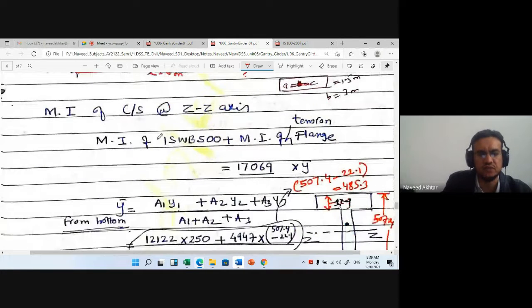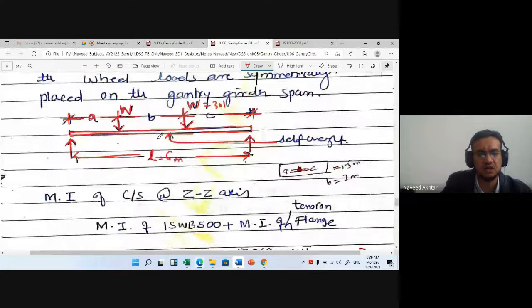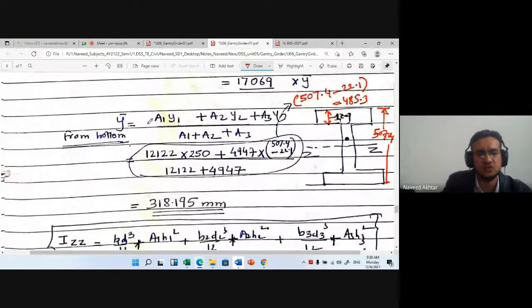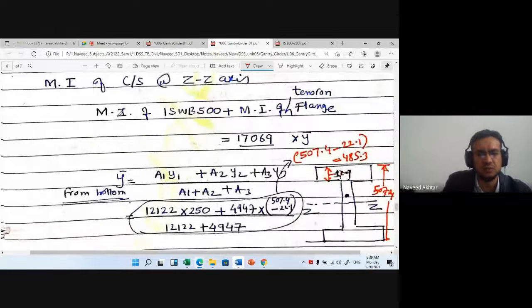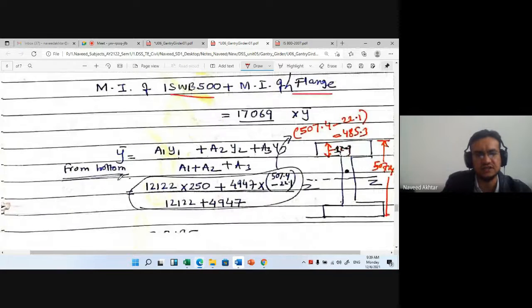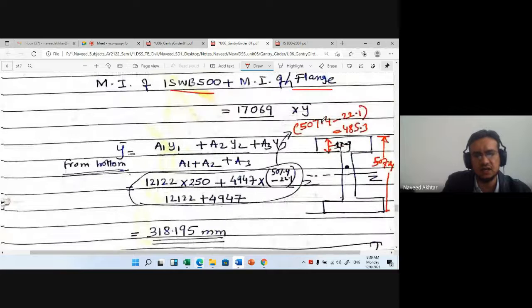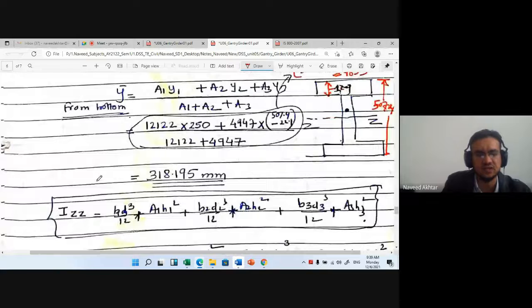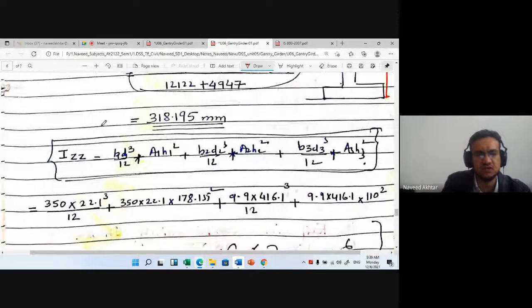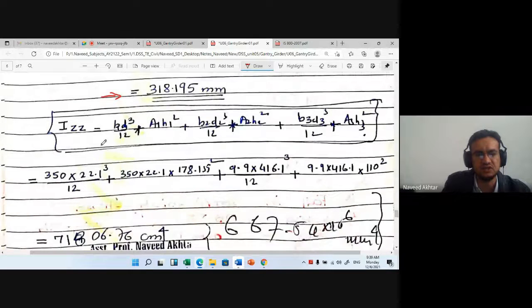Now we have to find out the moment of inertia of this section. So y bar, moment of inertia for ISWB about the flanges, tension flanges. तो equal area axis जो हम लोग ने फिगर बनाए थे उससे you can find out this y bar. Then you can find out the IZZ based on the y bar by the parallel axis theorem.